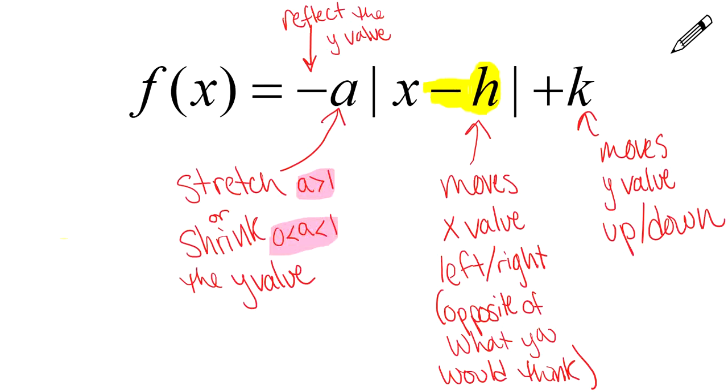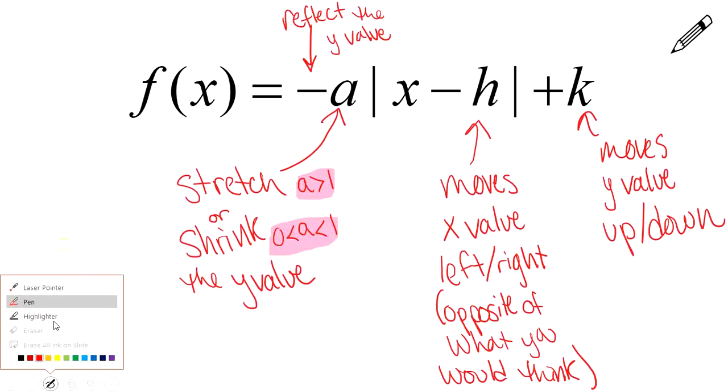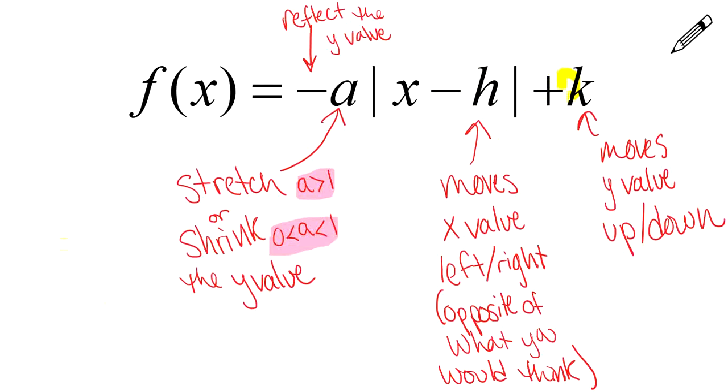And when we put in a -3, it moved right 3. So that's what that number is doing. Okay. And then k is moving the entire graph up and down. And because there's a plus sign out in front of this k, it's exactly what we would think it is. It's not opposite. So a +3 went up 3 and a -3 went down 3.